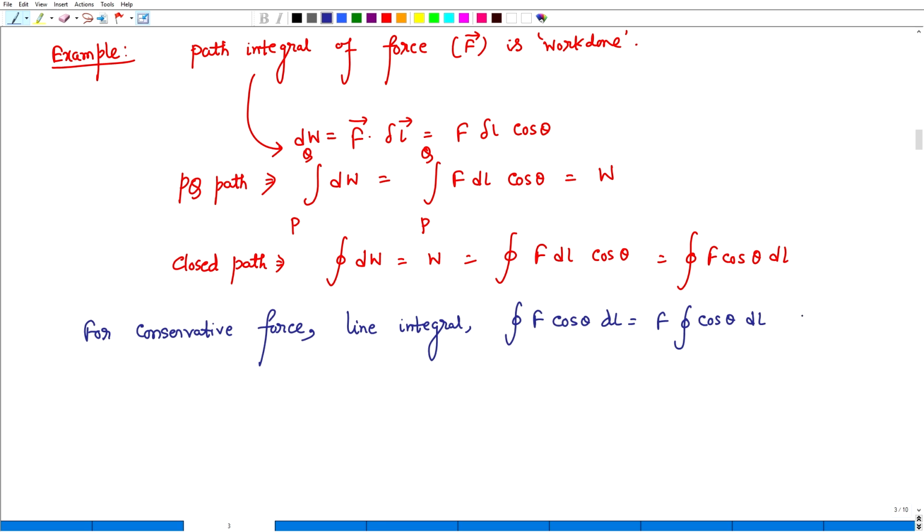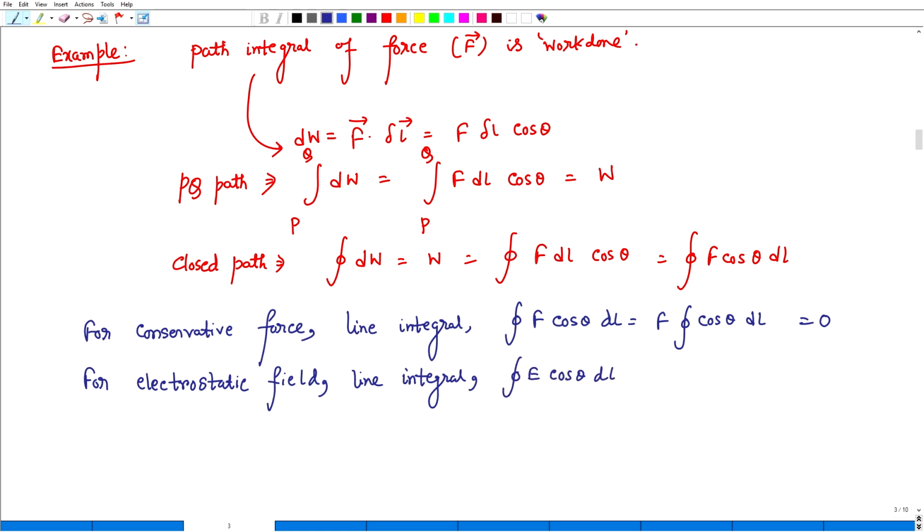Okay. So it will be 0 if F is a conservative force. Now in case of a conservative field, for the electrostatic field, the line integral for a closed path, E cos theta dl, again will be 0 for the conservative electric field as well. Okay, so this is due to the conservation of the field.